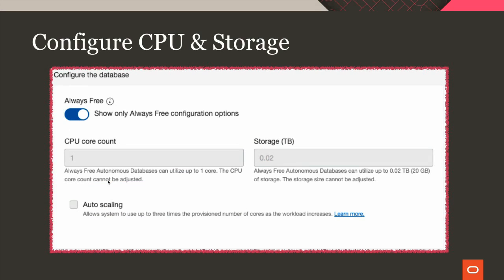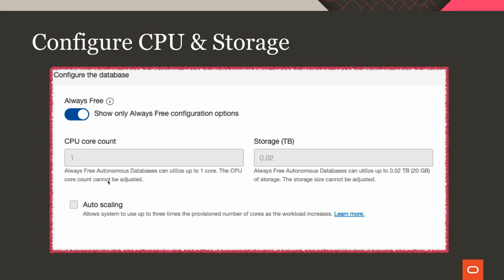All right. Now we're going to configure our CPU and storage. You see right there at the top of the screen the always free button, my favorite button. So make sure that's toggled. Make sure that is turned on and it's blue, it's not grayed out. Select always free and your autonomous database instance will be always free. Your CPU core count and storage are disabled at this point because, like I said, you get one CPU, you get 20 gigs with an always free.